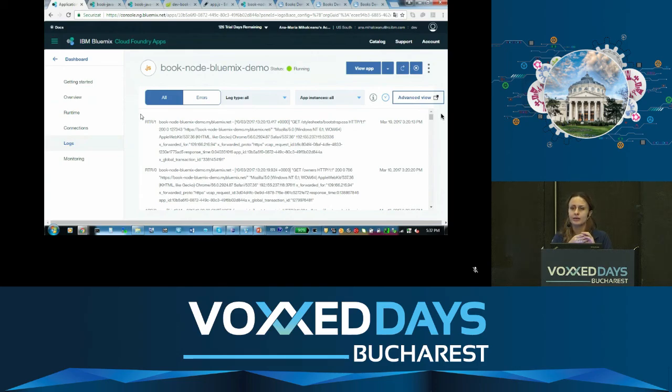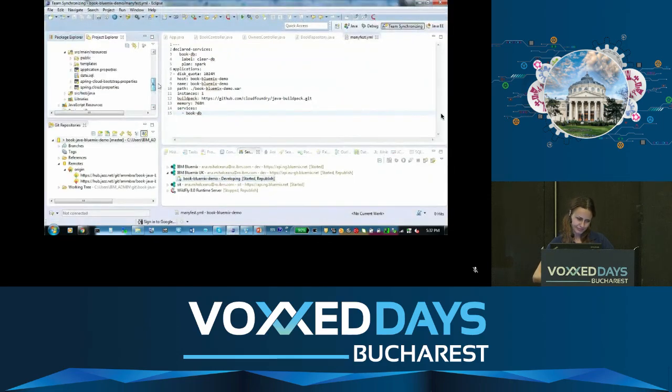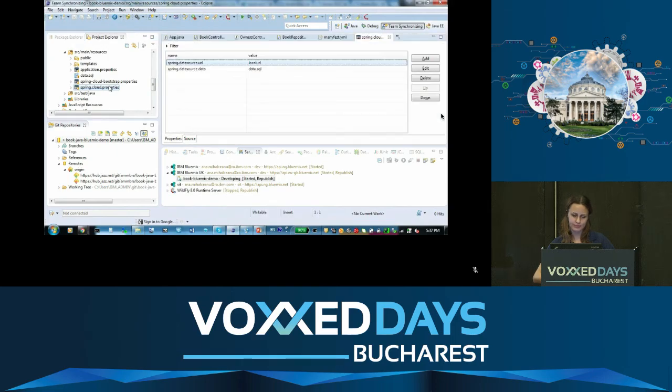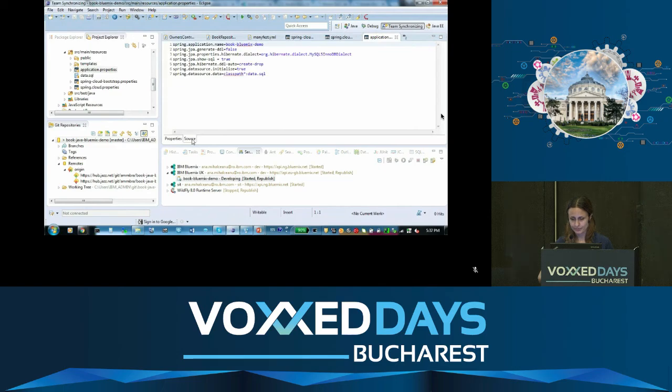And to run locally, you said you need to... Yeah, to run locally, I'm going to show you. So for my Java application, I've used the Spring Cloud Bootstrap properties, and I'm having here Spring Cloud properties. That's the local part, where I say the local URL and so on. So this is how I run my application locally. This is going to be ignored in the cloud. So these two get ignored in the cloud, and in the cloud, only what is here is being taken into account.